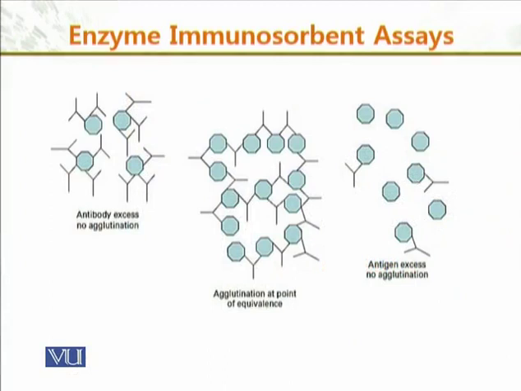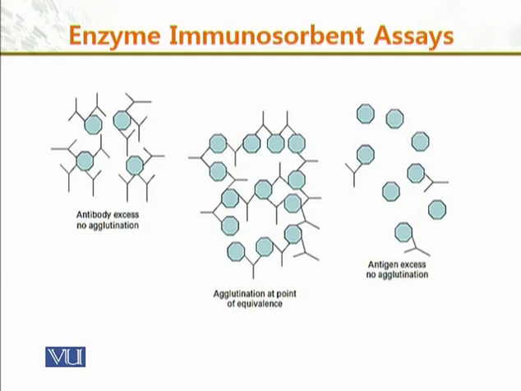For example, you can see in the diagram that if there is antibody excess, there is no agglutination. If they are at the point of equivalence, that is, they are equal, then agglutination occurs.